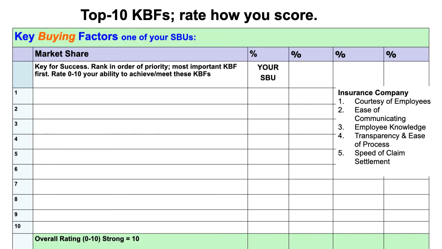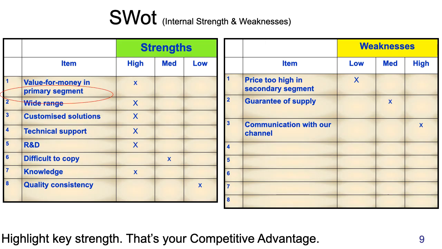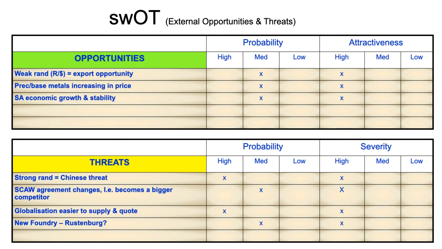So you could take all that data and plug it in: your high scores would be your strengths and your low scores would be your weaknesses. By the way, if you've done a PESTGEL analysis, you would have already done your opportunity and threat analysis to a certain degree. And here we could just list all our PESTGEL opportunities and all our PESTGEL threats as well.